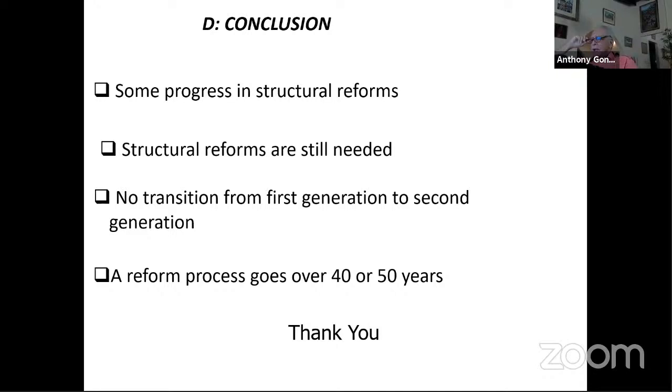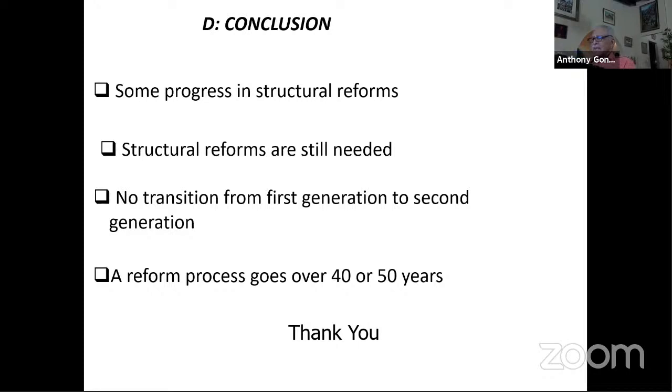Structural reforms, however, are still needed to improve administrative efficiency, alleviate the burden of doing business, and rationalize the utilities. Structural reforms are particularly needed to increase competitiveness in the non-energy sector and attract foreign and local private investment.